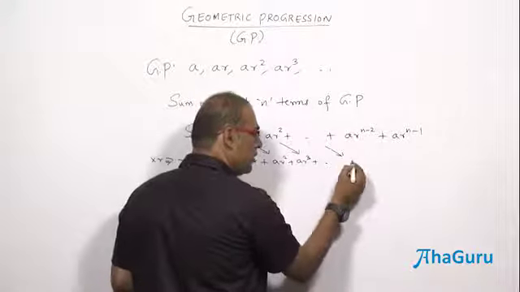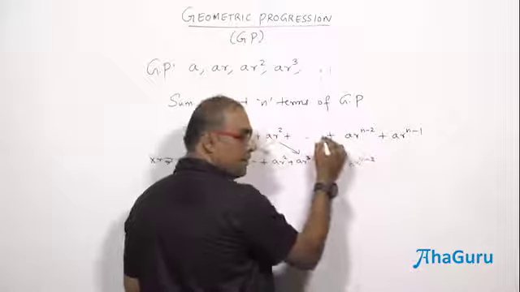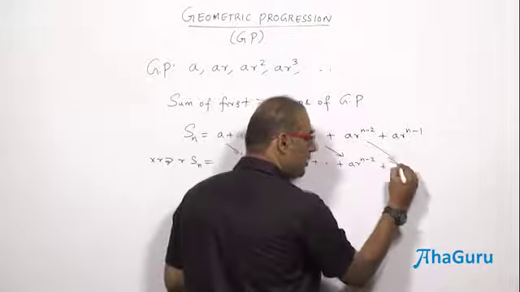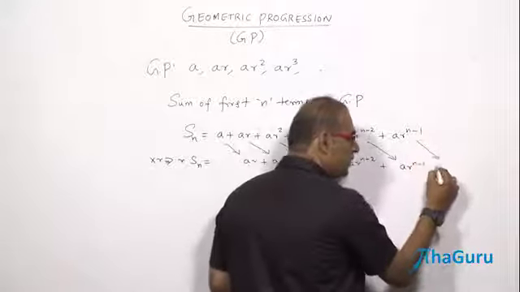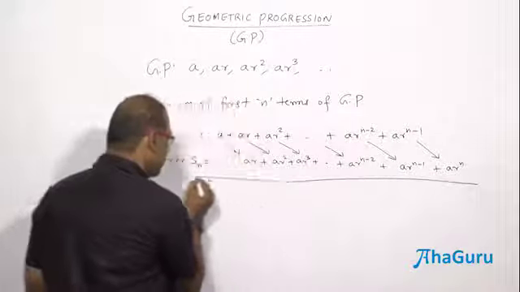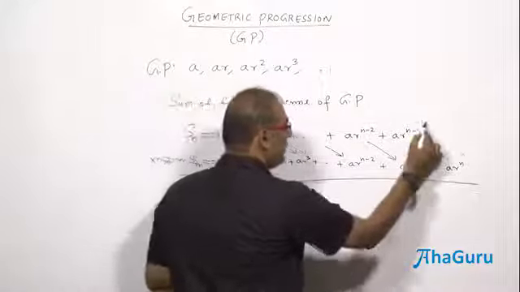Then AR power n minus 3 into R gives this. Then what will happen to the last term? AR power n. So the advantage is, when you look at this, this middle block repeats.